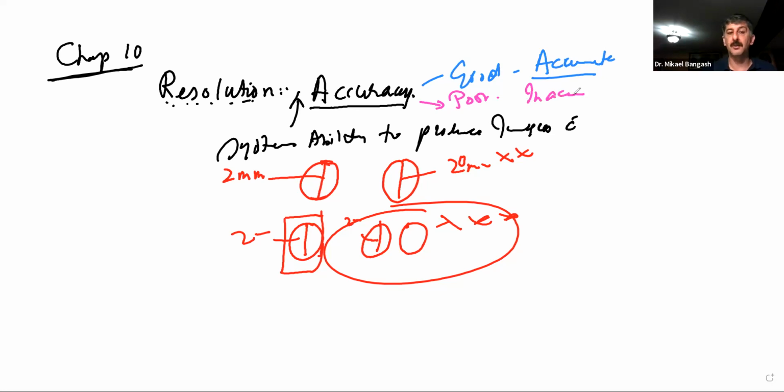What does it mean to be inaccurate? That would be a poor resolution, meaning the things we see on the image are not an actual representation of the structures that we scanned. Did that make sense? Yes, it did. Good.